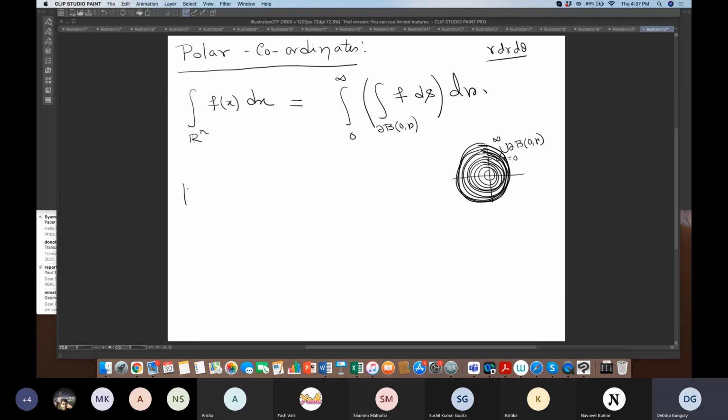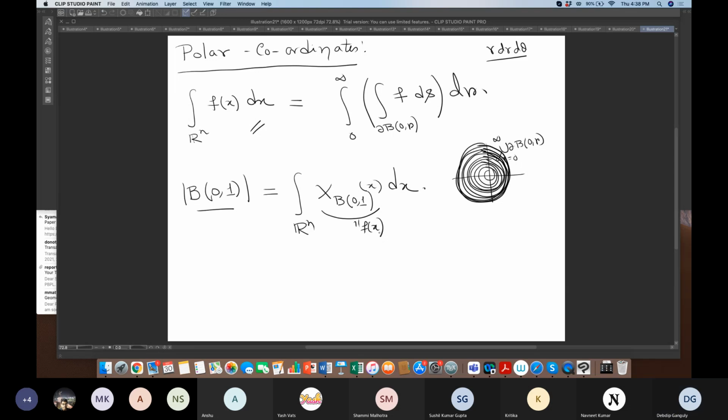Now you tell me what is the measure of B(0,1) in Rn. I will compute this using this formula. You should have done all these things in measure theory. So this is Rn, and this is the characteristic function of B(0,1), chi(x) dx. This is your f(x). Am I right?